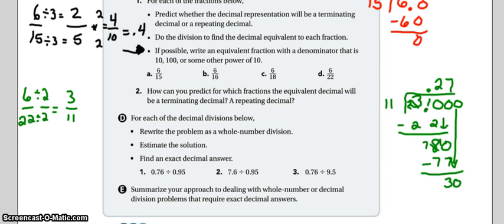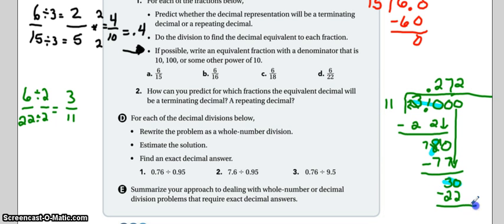Now, right here, I'm going to bring out my highlighter real quick. Let's do it in blue. Right here, I can start seeing that I have a 30 here, and I started up here with a 3 and a 0. So my next remainder should be an 8. Let's go back to the pen real quick and extend my line a little farther. 11 can go into 30 2 times. 2 times 11 is 22.